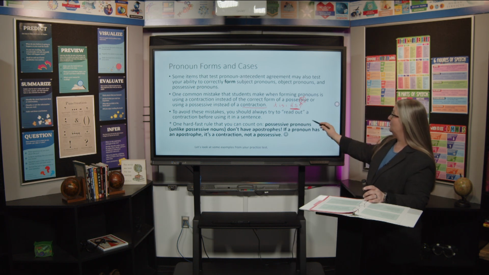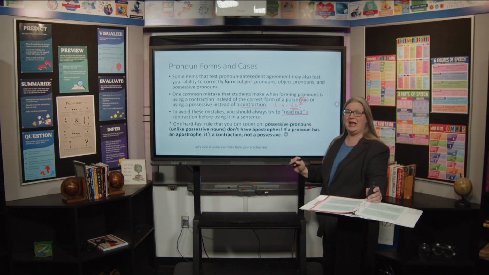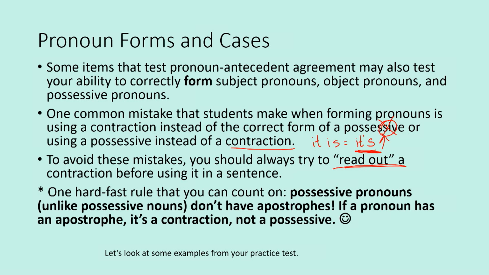So to avoid these mistakes, you should always try to read out a contraction instead of just going by it. Always read it out in a sentence. One hard, fast rule that you can count on: possessive pronouns don't have apostrophes. If a pronoun has an apostrophe, it's a contraction. It is not possessive.